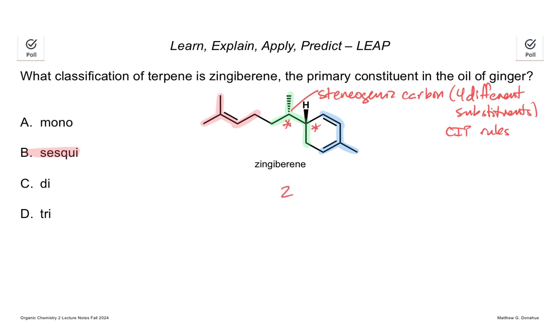If we have 2 stereocenters, how many total stereoisomers can we have? 4. The rule was 2 to the n, so 2 to the 2 equals 4.